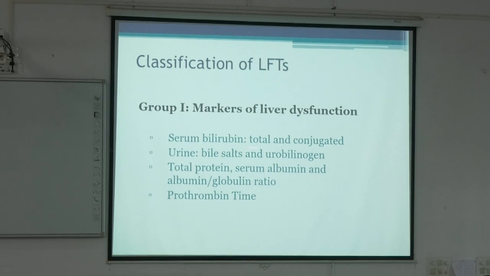So what are the markers of liver dysfunction? First is serum bilirubin, total and direct bilirubin. Then there is routine urine examination, that is bile salts and urobilinogen. These are detected in urine, not in blood.